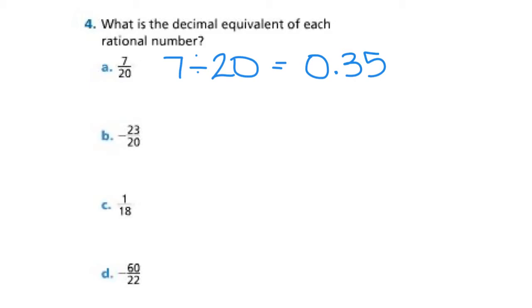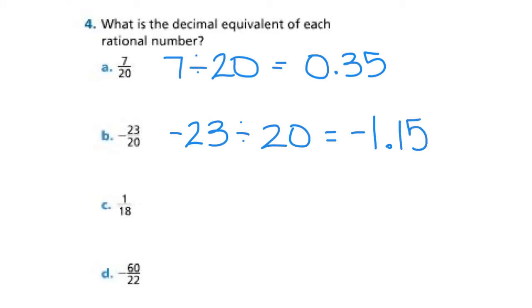Negative 23/20ths, we want to be careful about our negative. Place your negative up with your numerator, but not with the denominator. We do not need two negatives because our answer will come out positive. Negative 23 divided by 20 gives us the decimal equivalent of negative 1 and 15/100ths.